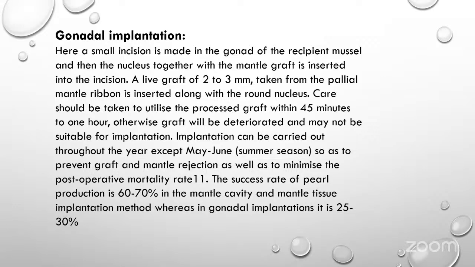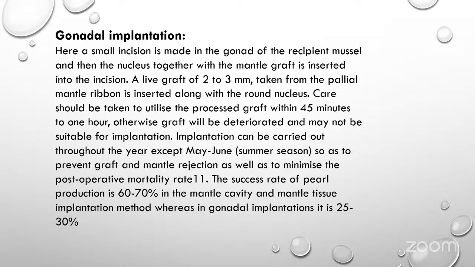A live graft of 2 to 3 mm taken from the pallial mantle ribbon is inserted along with the round nucleus. So care should be taken to utilize the processed graft within 45 minutes to 1 hour. Otherwise, the graft will deteriorate and it may not be suitable for implantation.